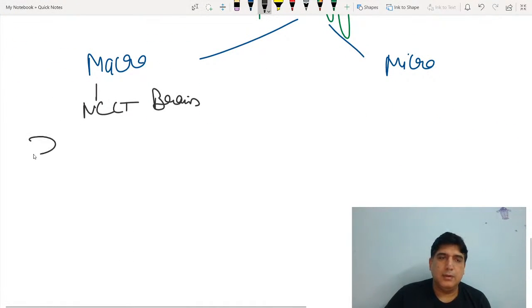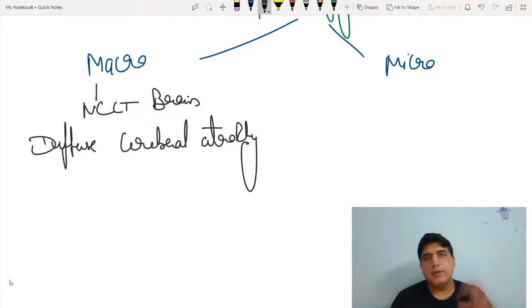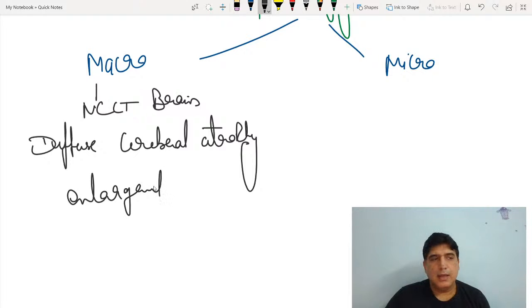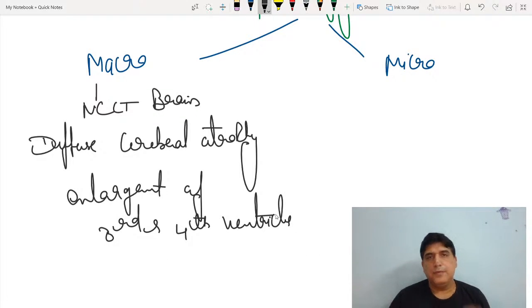Okay, there is atrophy of gyrus, widening of sulci, and enlargement of third and fourth ventricles. So, diffuse cerebral atrophy, widening of sulci, atrophy of gyrus, enlargement of third and fourth ventricles.